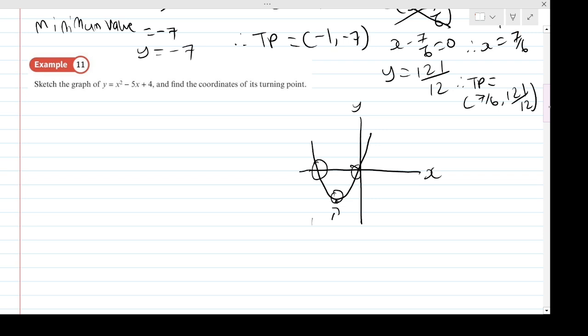So once we've got all that information together, we can get a really good picture for exactly what the graph will look like, without having to literally substitute every single point in from negative infinity to infinity for every value of x to get a precise value of y. We don't have to do that. We just care about the general shape and the key details, which will be the intersections with the x and the y axis and the turning point, if relevant.